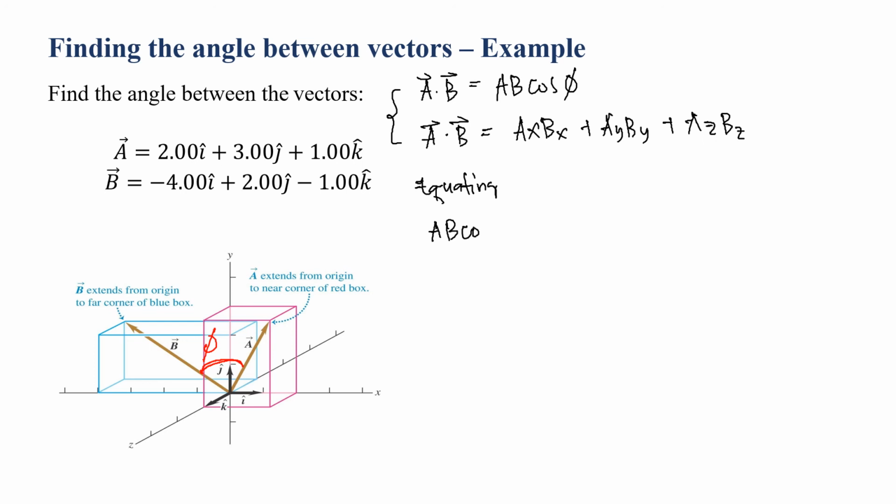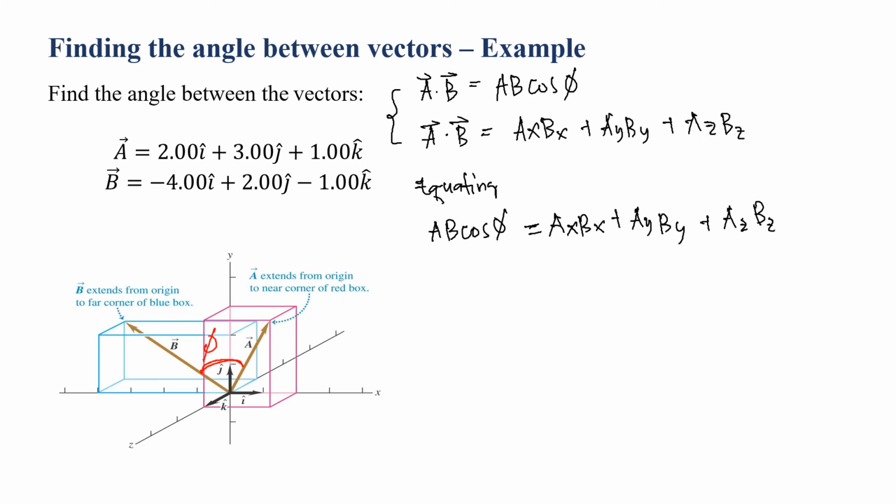Equating, you have AB cosine phi, which is equal to AX BX plus AY BY plus AZ BZ.